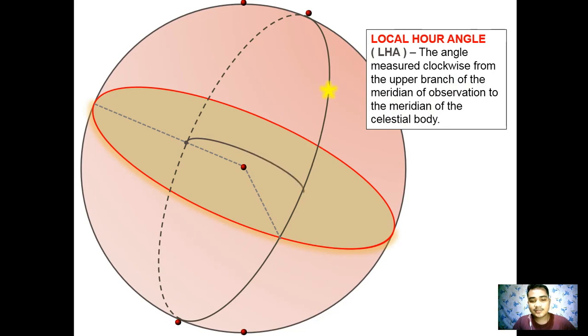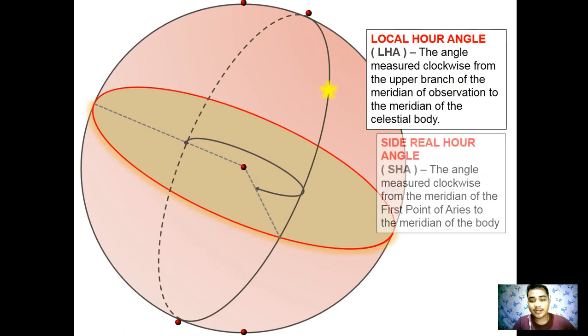So that is what we call the local hour angle. Next angle in the hour angle system is the sidereal hour angle, or SHA. The sidereal hour angle is the angle measured clockwise, again clockwise, from the meridian of the first point of Aries to the meridian of the body. Let's say this is the first point of Aries that we discussed earlier. We make a meridian for it, like an upper branch, but it is the meridian of the vernal equinox, or the first point of Aries.